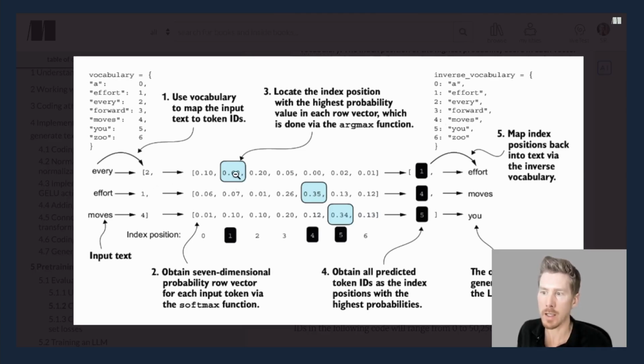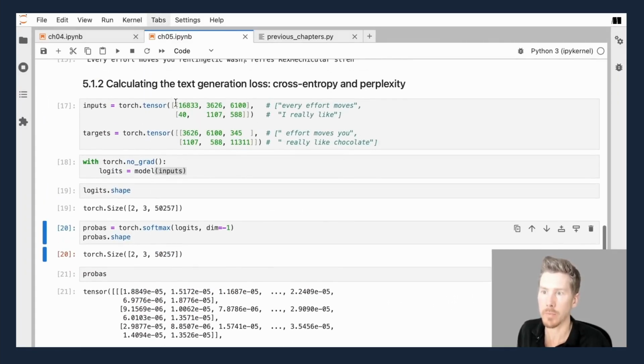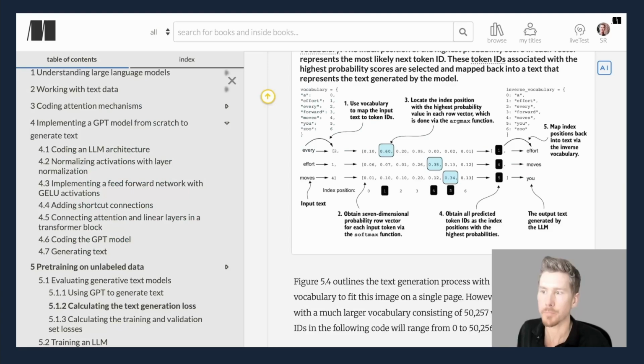So here in this case, we want a high probability for the target. And the target, effort, so if I go back here, we had the inputs, every effort moves, and the targets. Now I want for every, I want a high probability for effort. And for effort, I want a high probability for moves because it's shifted by 1 position.